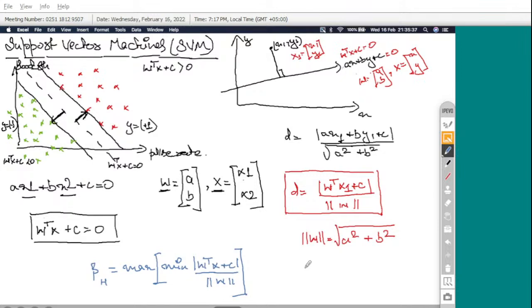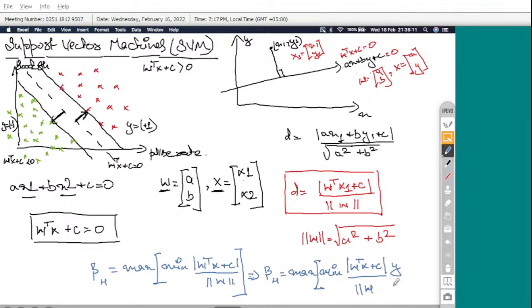Perfect. Now, to make sure every observation is getting classified correctly, we will be doing beta h equals maximum of the minimum of w transpose x plus c, multiplied by y, over norm of w.